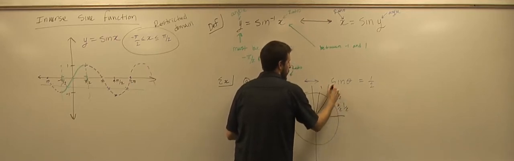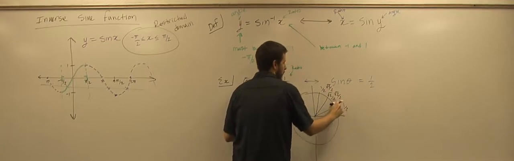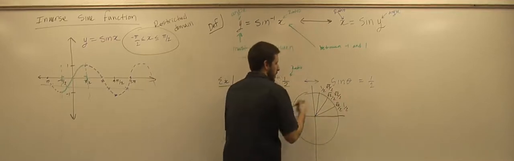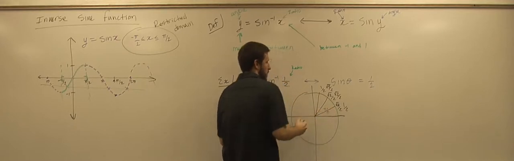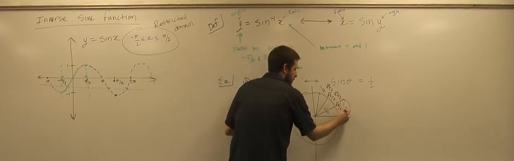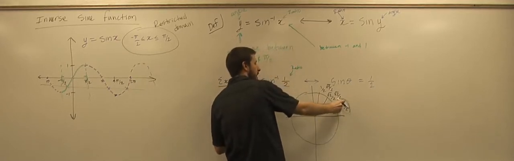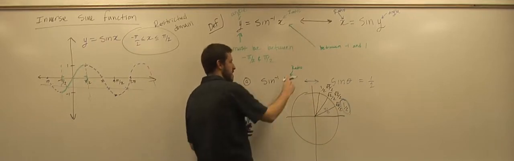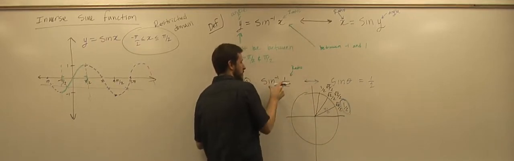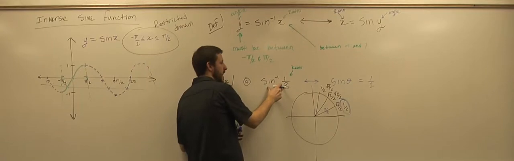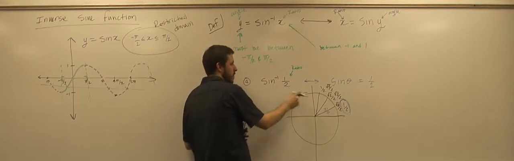And I know on the unit circle, the sine value of 1/2 occurs right here at pi over 6. I focus on the y-coordinate of the unit circle because I'm dealing with sine inverse. And so this is asking what angle makes your y value equal to 1/2.